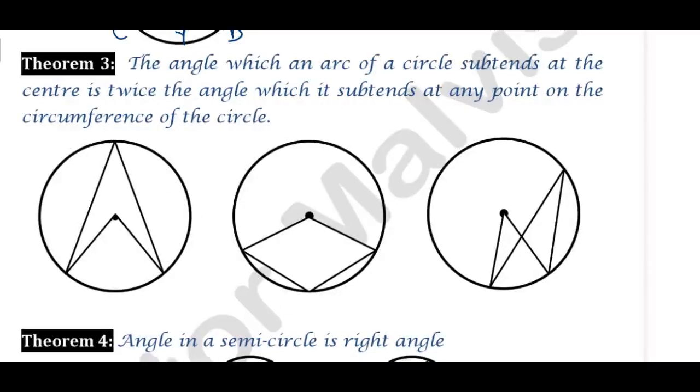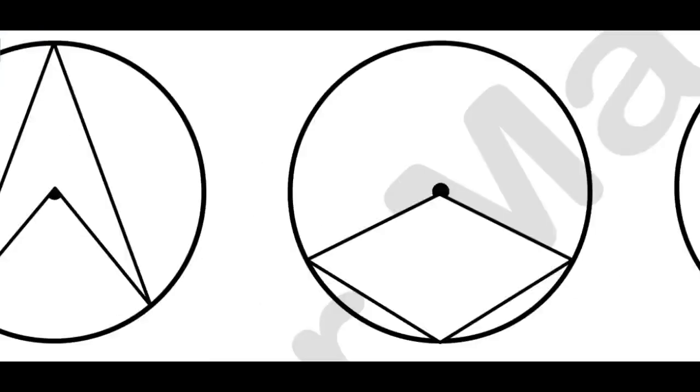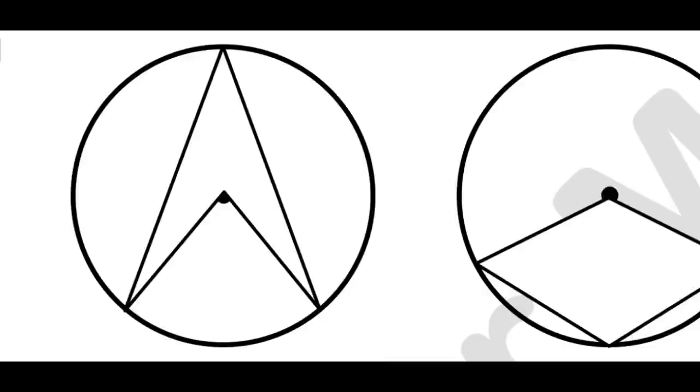So what's the implication of this theorem? So let's see each of these diagrams. Now, in this scenario, let me say the angle at the circumference is x, it means that my center will be 2x. Because look at this chord. Let's call this chord AB.